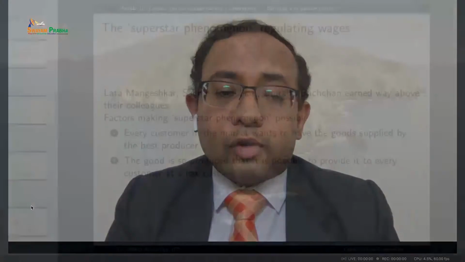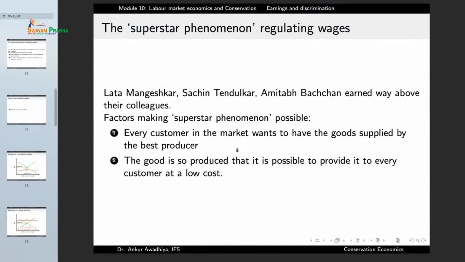Now, this is the superstar phenomenon, and it happens when every customer in the market wants the goods supplied by the best producer. So basically, if you have a chance to watch a movie by Amitabh Bachchan or to watch a movie by an actor who is completely unknown, people would generally think that because Amitabh Bachchan is so good at acting, let us watch that film.